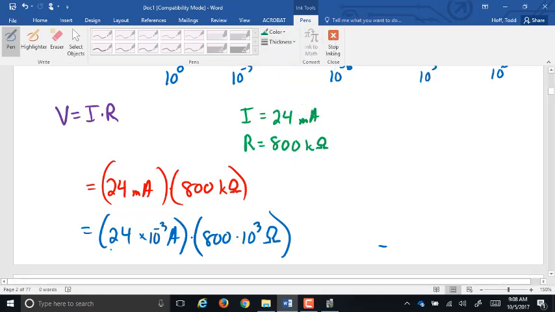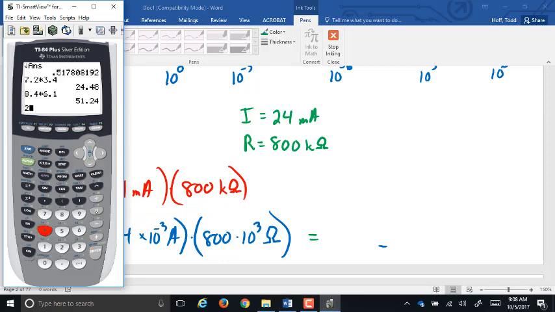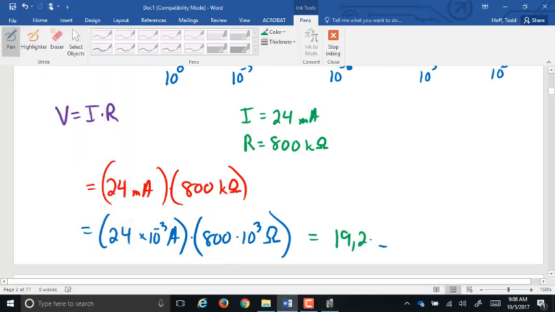We multiply that out. 24 times 800 is 19,200, right? 10 to the negative 3 times 10 to the positive 3 is 10 to the 0, right? Negative 3 plus 3 is 0. Amps times an ohm is a volt.